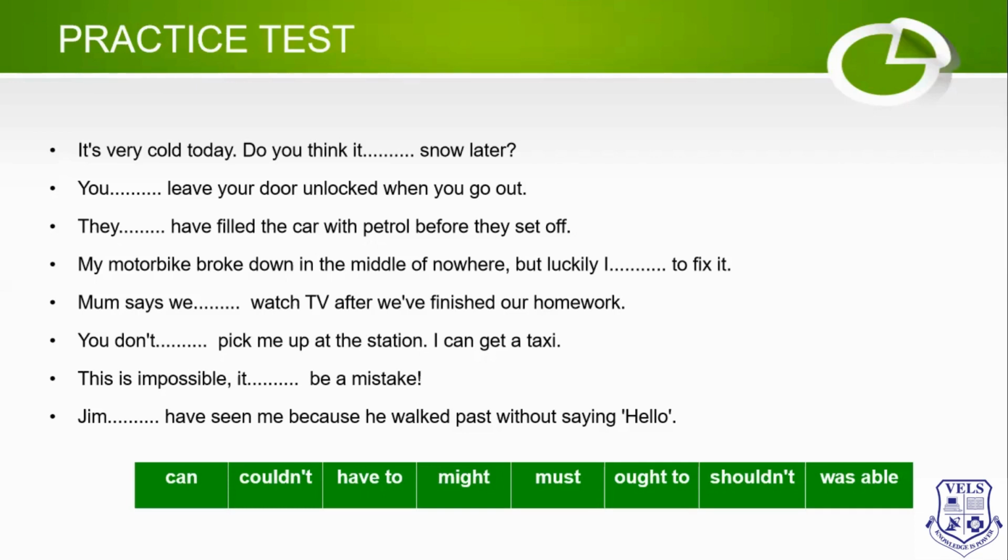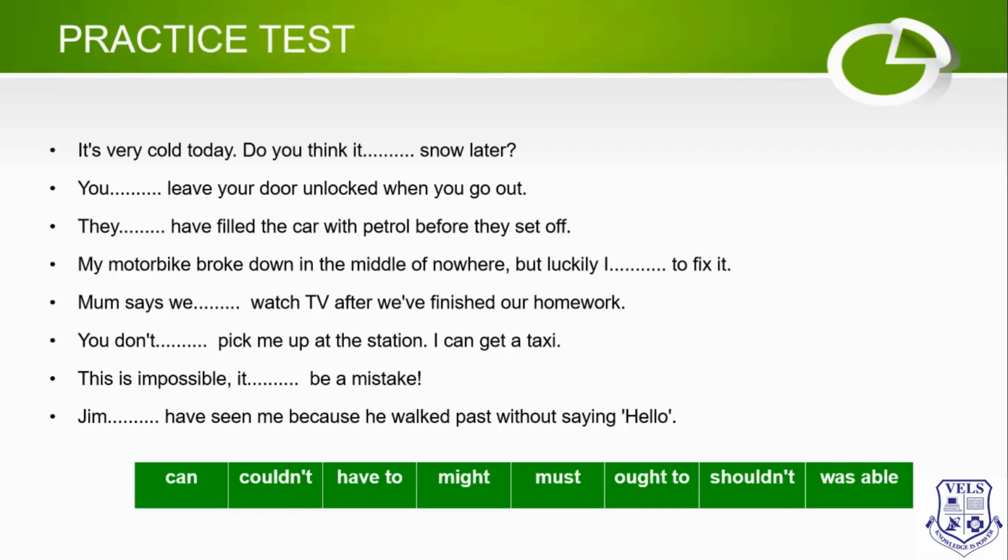Let's move on to the next question. You dash leave your door unlocked when you go out. Think over the answer and write it down. They dash have filled the car with petrol before they set off.